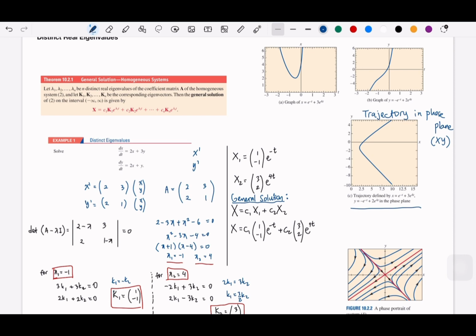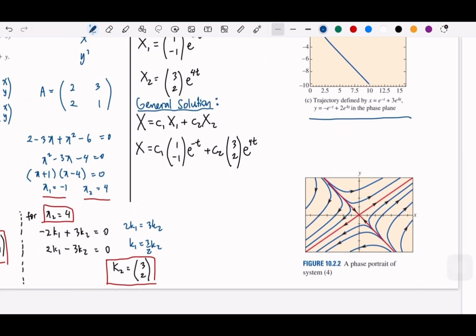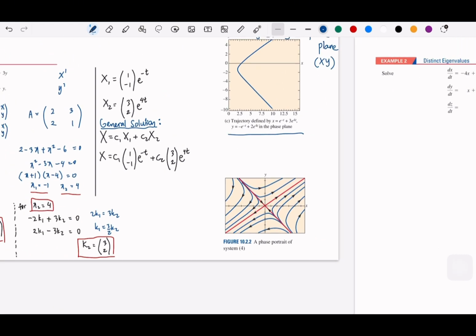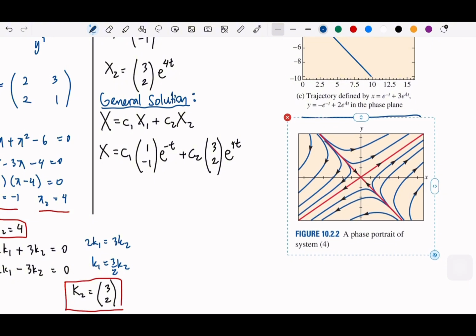And you will see that it has some red lines that will be our basis. So let me write here. We can eliminate the parameter.